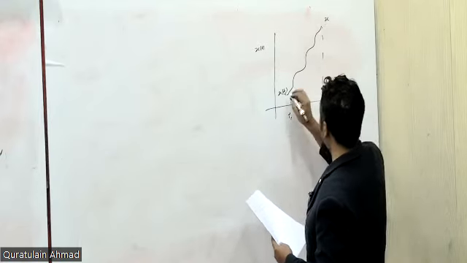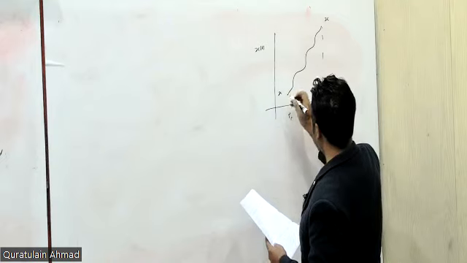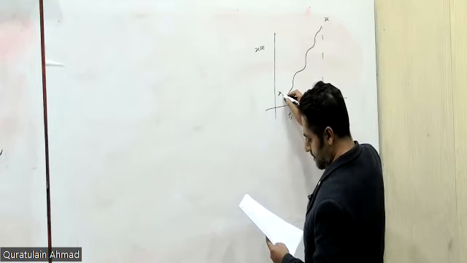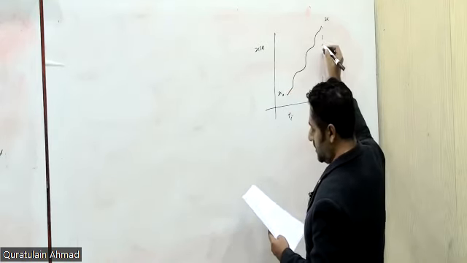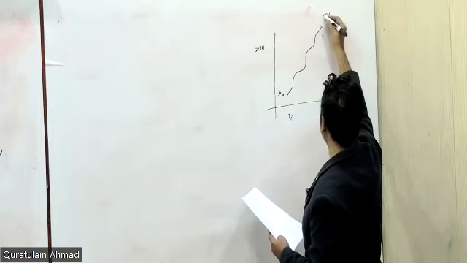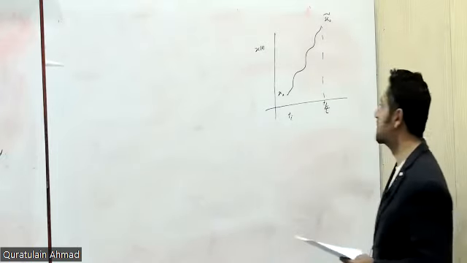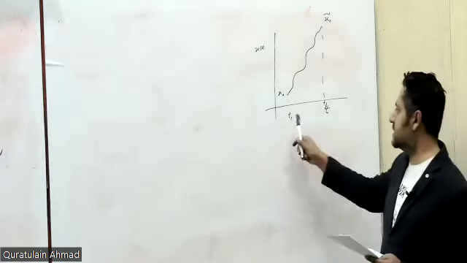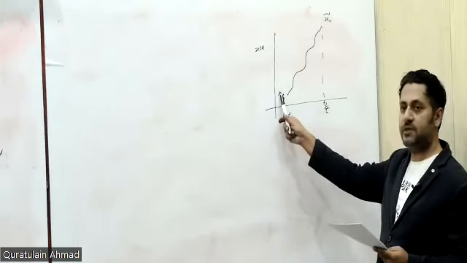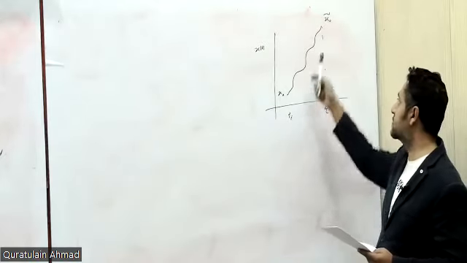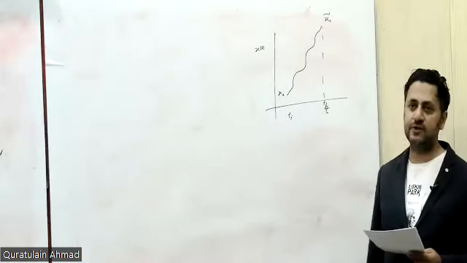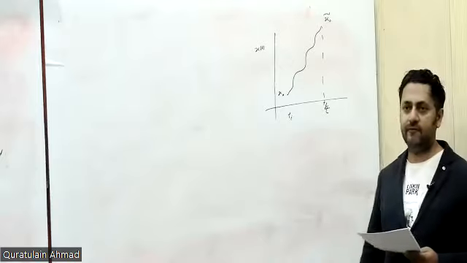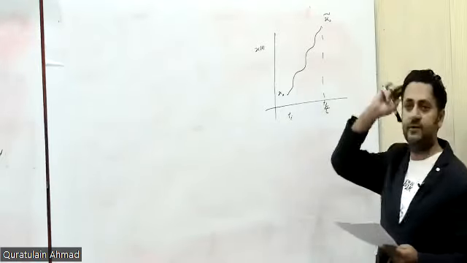Let's call this position x naught, and call this x naught tilde. So I say this particle is going to start at position x naught at time ti, and it's going to end up at position x naught tilde at time tf, taking some arbitrary trajectory.